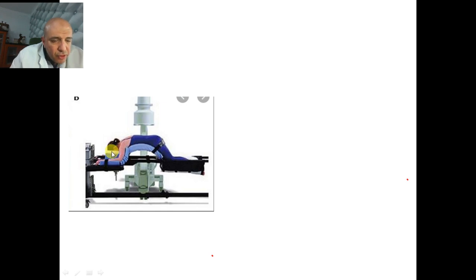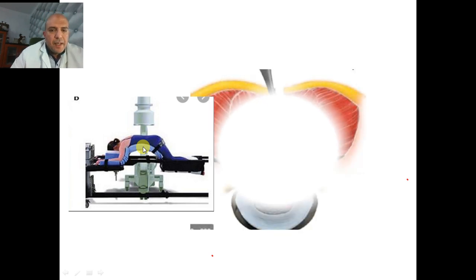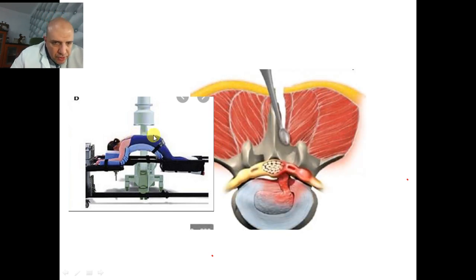Don't position your head in a way that strains the cervical spine, and protect his eyes. This sponge is very good. The C-arm should be free to see everything, and you use a posterior midline incision.